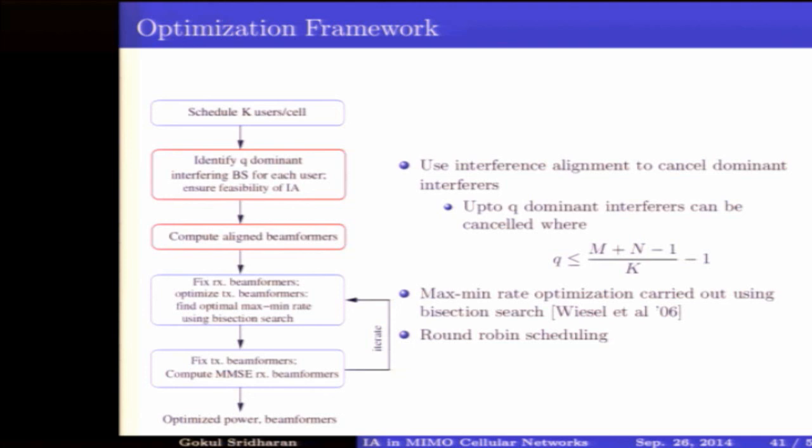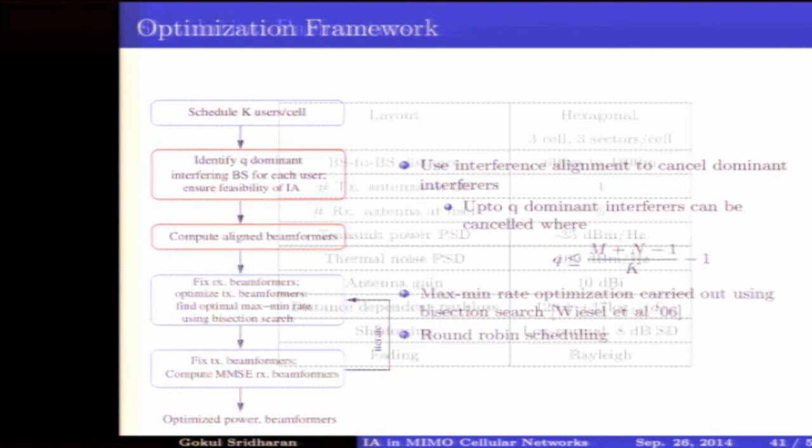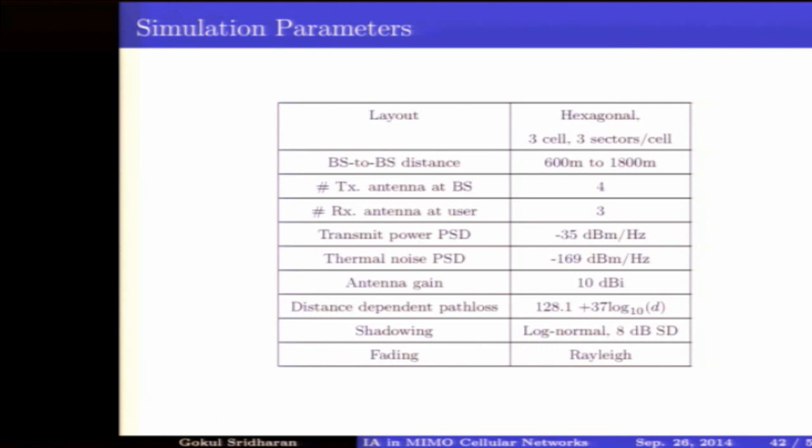Once those interferers have been taken care of, we call in our utility maximization algorithms to strike the right balance and give us the final set of optimized powers and beamformers. For maximum fairness here, we used a bisection search that was proposed by Wiesel and others a few years back. So that's the basic setting.